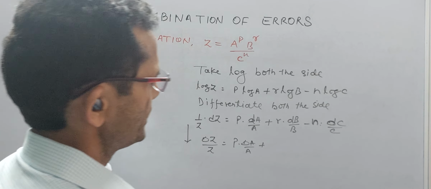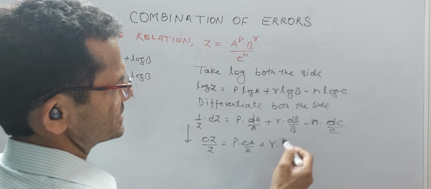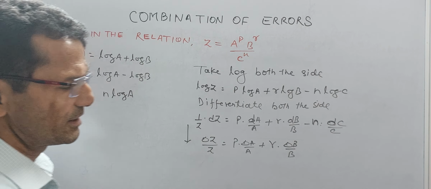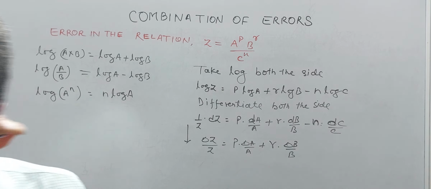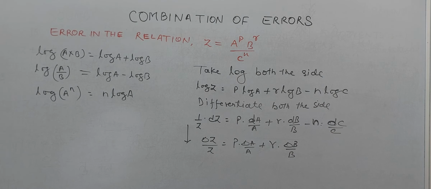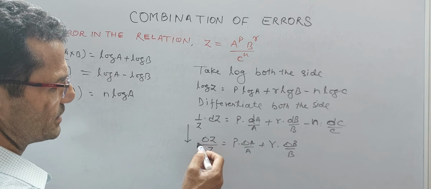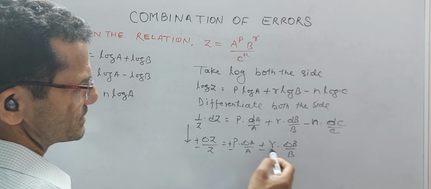In the same way, the absolute error in b, r times del b upon b. We have to take only the maximum absolute errors, the maximum fractional error. So if I consider both the values, we have to write plus minus.